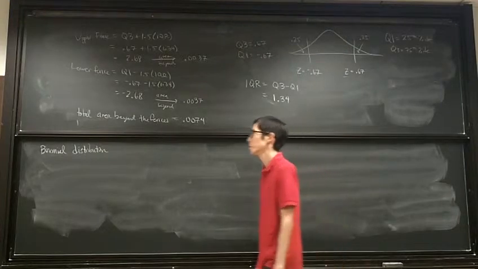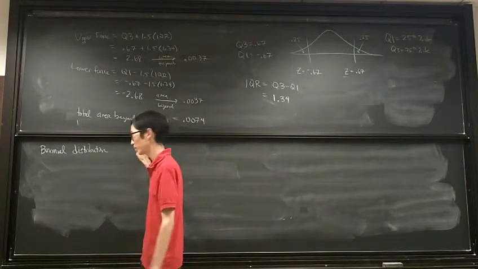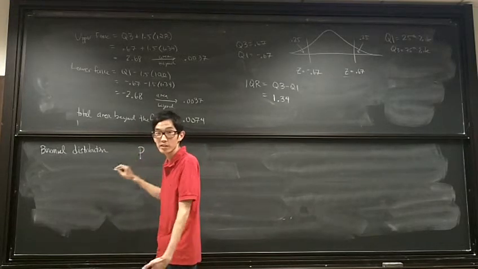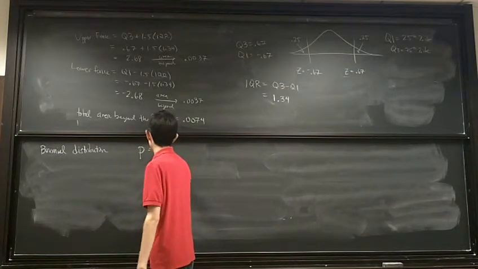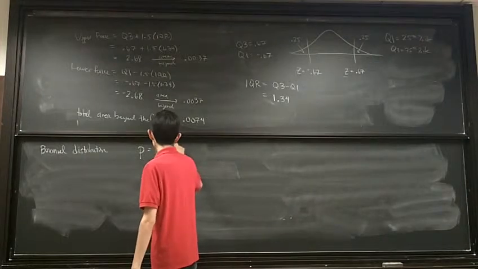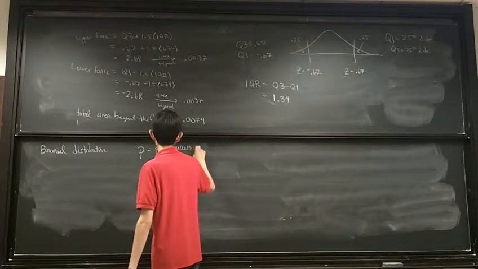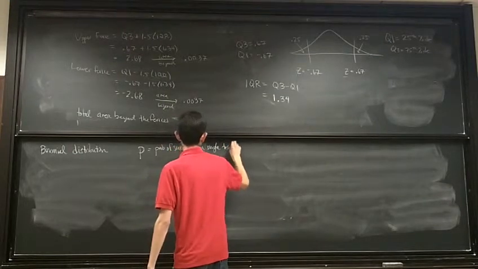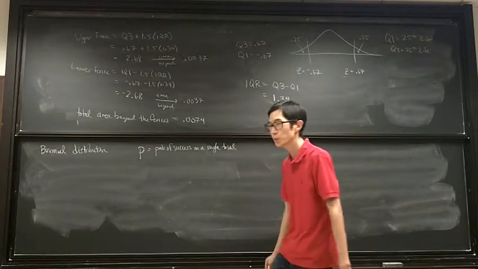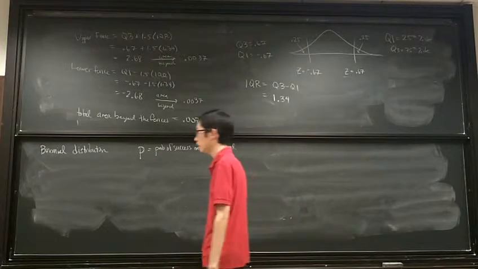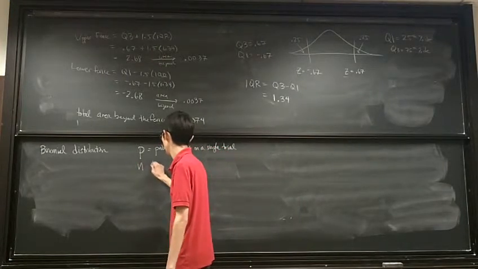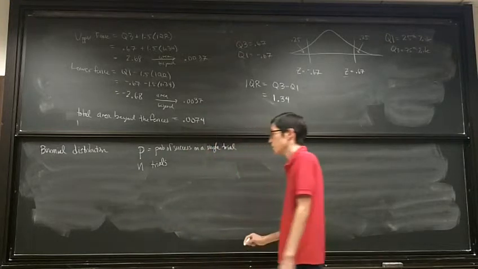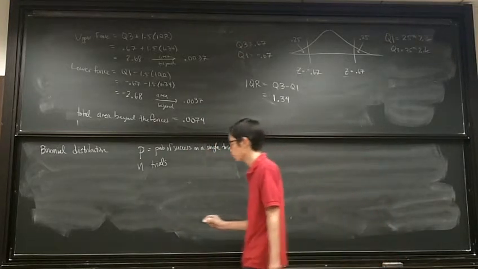P, right? P is the probability of a success on a single trial. And how many trials do we do? N. N trials, okay. And we are looking for J successes.